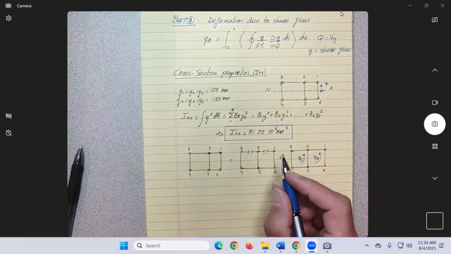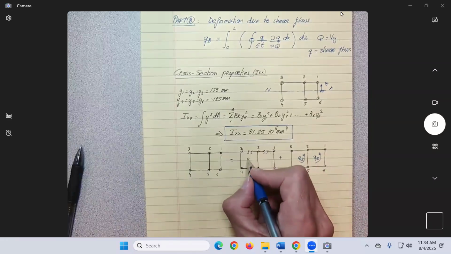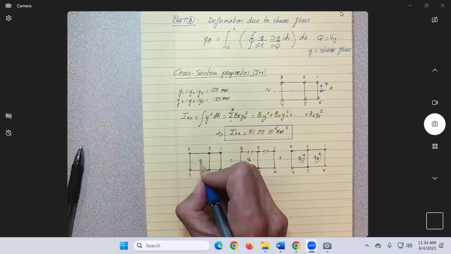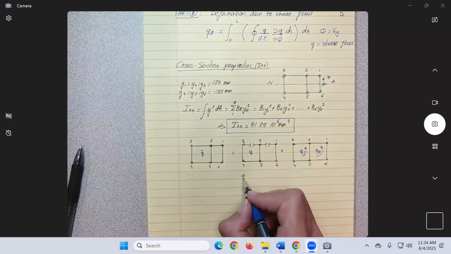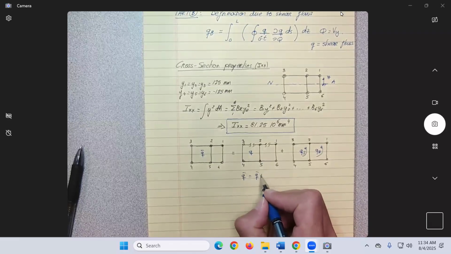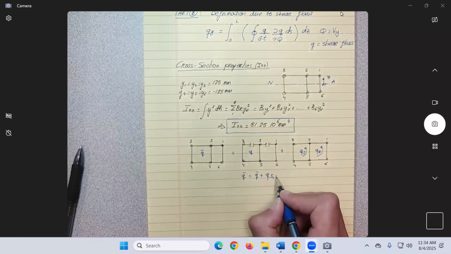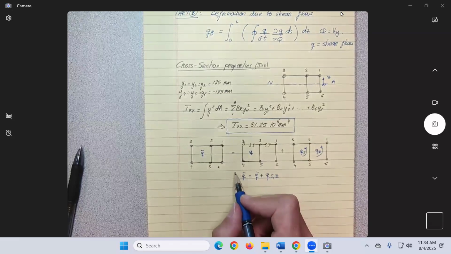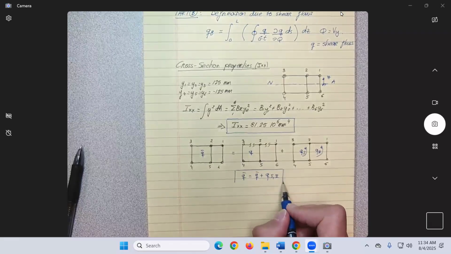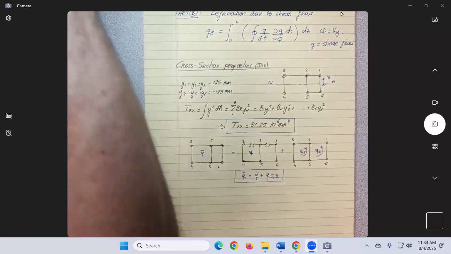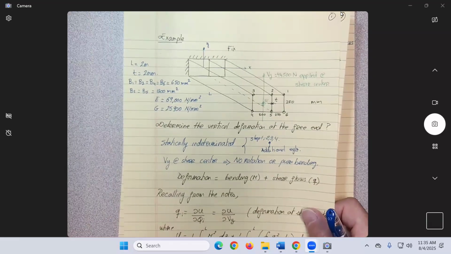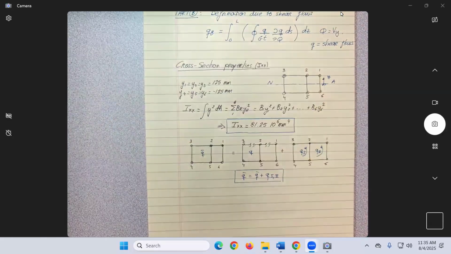Okay, and what should I have over here? Here I should have the Q's, and this will be the Q bars, no? So you will have Q bar basically equal to Q plus Q12, whatever that is. Okay, so what did we say at the beginning is that this problem is statically indeterminate.